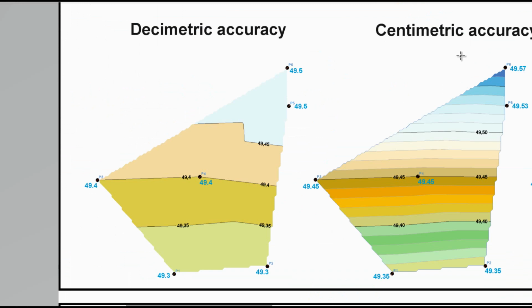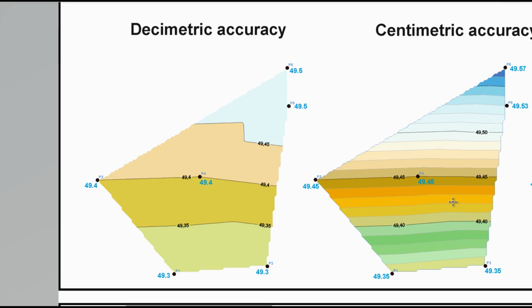For the centimetric accuracy, the results are quite good in this example. We still have some slightly weird curves here, as you can see, because of the effect of triangulation with linear interpolation. As you can see here, the line is doing something like this. But the result is not bad.